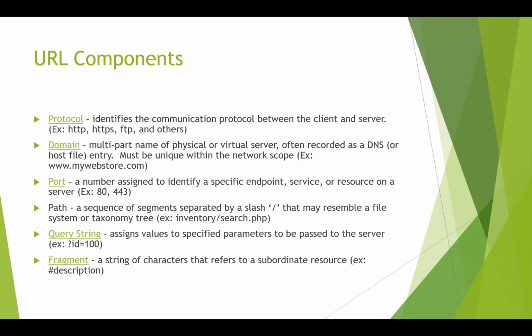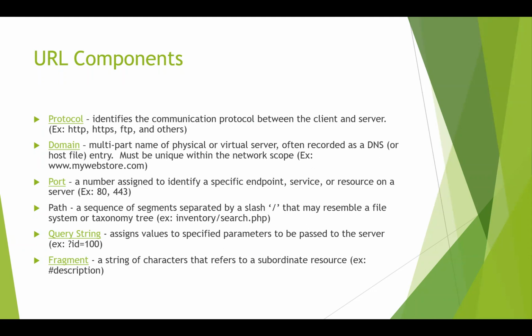The next portion of the URL is the domain. And the example that I gave with the www.cnn.com, well, that's just simply that multi-part name that indicates the specific resource that you're trying to get access to. Same is true with www.facebook.com, as well as other resources.